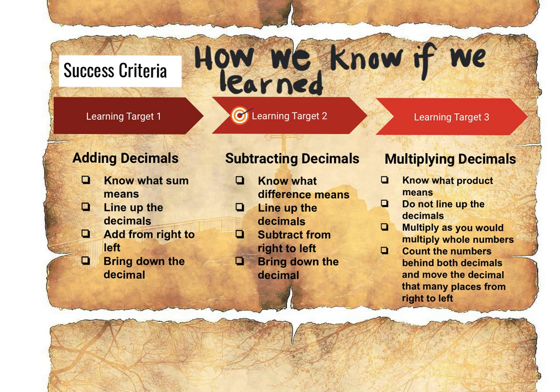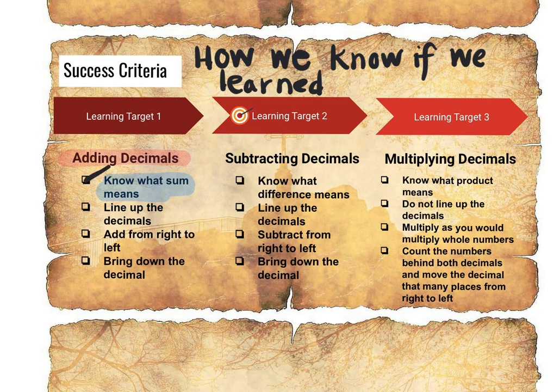For instance, I want you guys to go ahead and look at our first learning target for adding decimals. Our first success criteria says I have to know what sum means. Well, sum means to add, so I can check that off because I already know that. Okay.